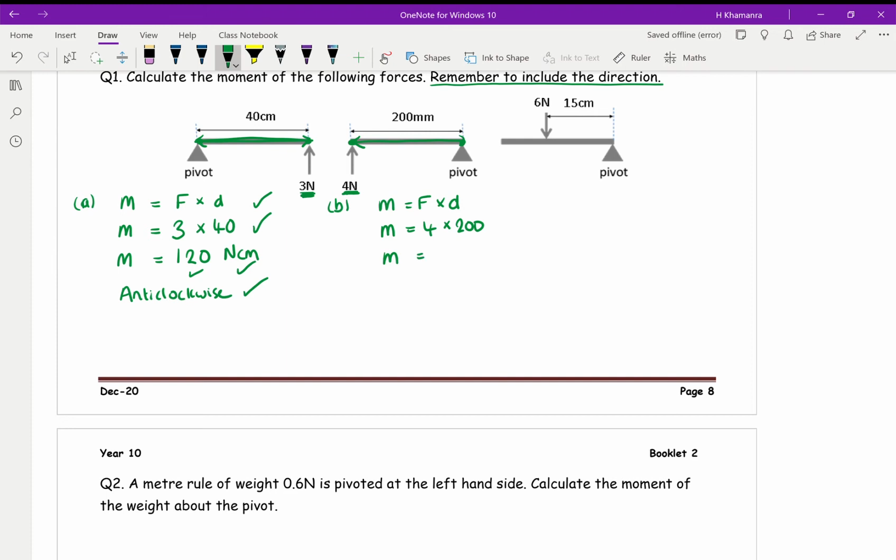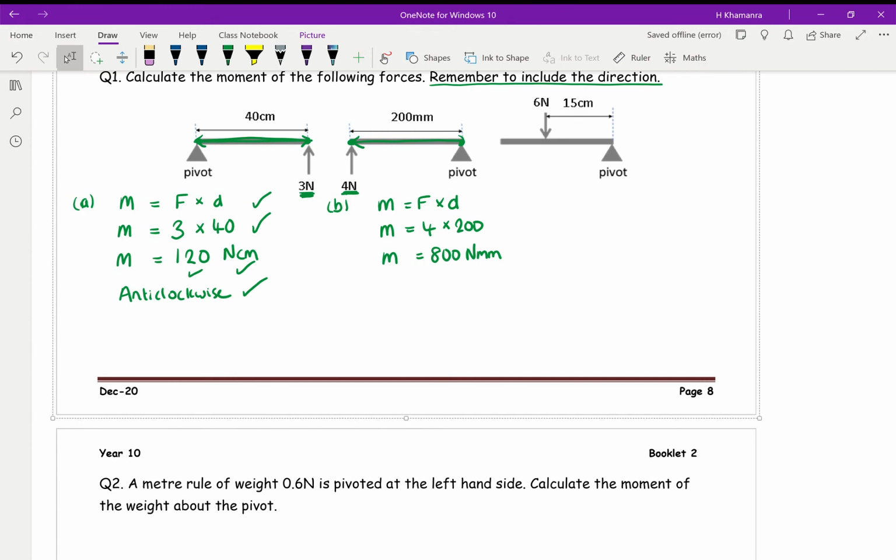Then for my next line, I write down the answer. 4 times 200 is 800. The unit is newtons times millimetres, newton millimetres. And my direction for this one, if I hold my pen at the pivot and push up, it will go in a clockwise direction. So that is 5 marks there: one equation, substitution, number, unit, and the direction.